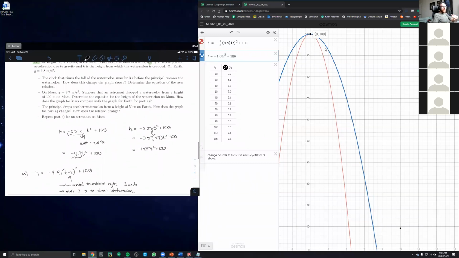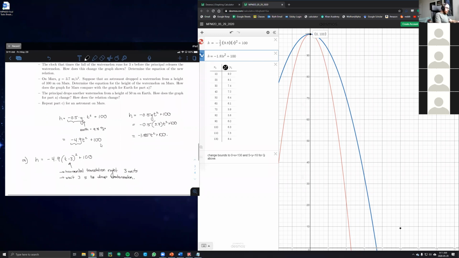Yeah, and going back to the problem, that's the initial height of the watermelon, right? So we're imagining dropping the watermelon from the same height on both planets. But what do you notice about the shape of these parabolas? Mars is larger. Yeah, Mars is a little bit wider.